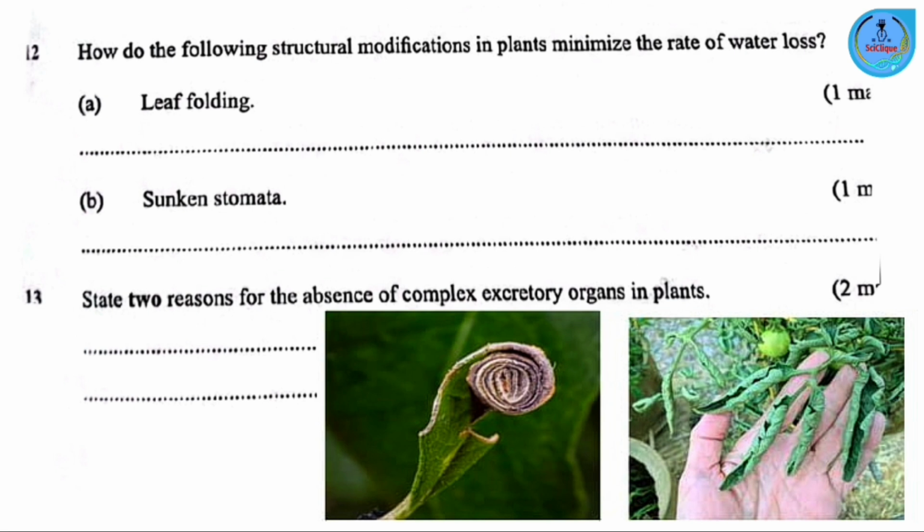So by folding the leaf, what happens is that you reduce the surface area of the leaf that is exposed to environmental conditions. I'm talking about light, temperature. So by reducing the exposure of the leaf to such conditions, you are going to reduce the rate of water loss through transpiration because most of the water that is lost is through stomata, and stomata are present in leaves.